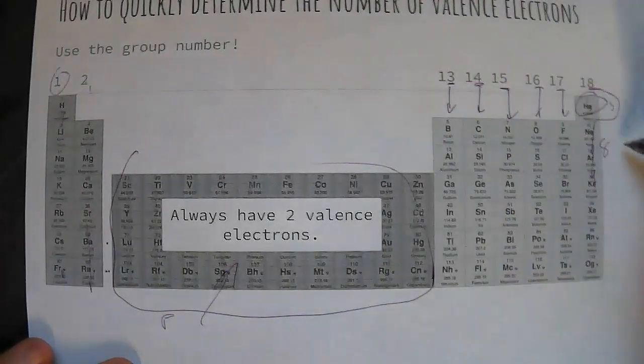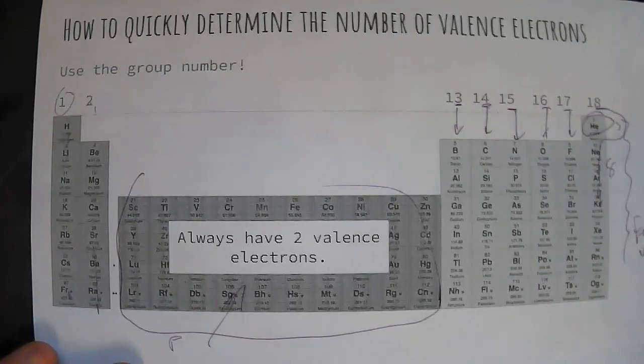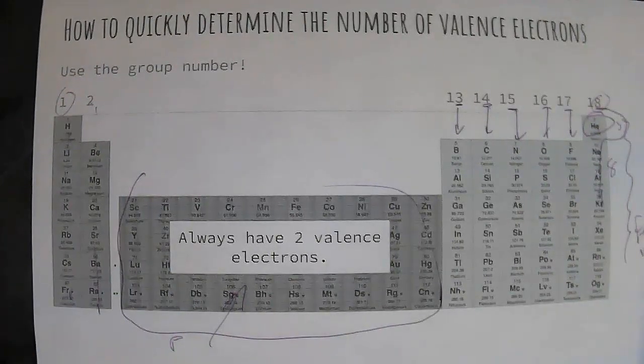It still has a full valence, but in the first energy level, you only have space for 2 electrons. So if you want to know how many valence electrons something has, you just have to be able to read the periodic table and look at what group number it's in, and that makes it super straightforward.